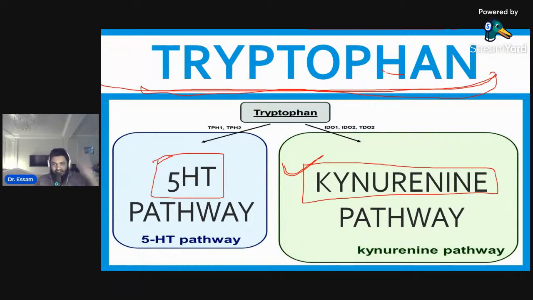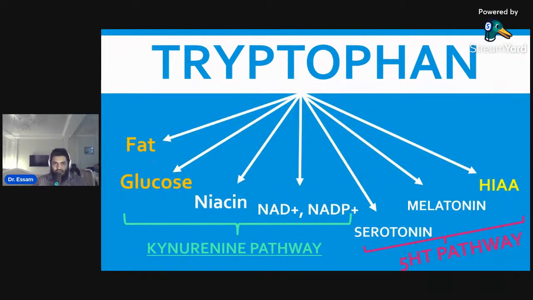So both these pathways have different products and you have to learn the names of those products. Okay. So fat, glucose, niacin, NAD plus and NADP plus. These are the products of the kynurenine pathway. What are they? Fat, glucose, niacin, NAD plus, and NADP plus. On the other hand, there are only three products from the 5-HT pathway.